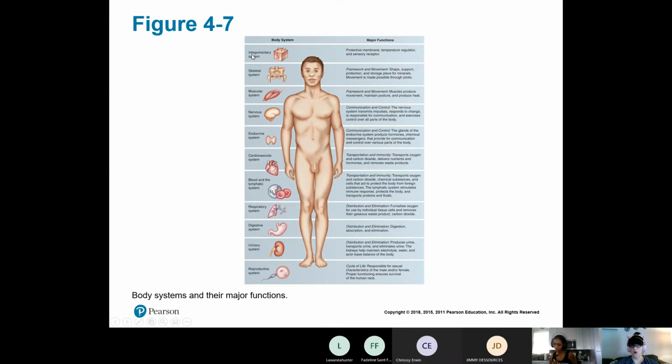We will go through every single system in our class. We will talk about the integumentary system and learn about all of its structures, so its anatomy, and then we will learn about its physiology, how it works, and what happens when it's not working, so its diseases as well, or illness, complications, injuries, that kind of stuff, right?